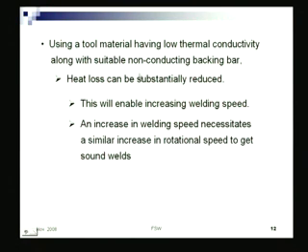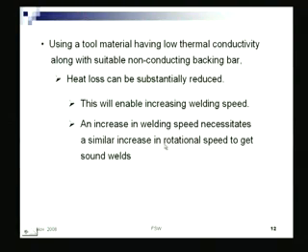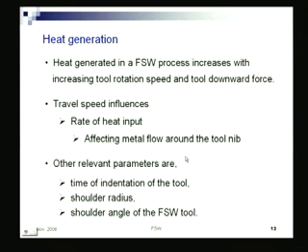So once you reduce the heat loss by providing suitable material for the tool as well as the backing bar, you can go for a higher heat generation, means you can increase the weld speed, and simultaneously the rotational speed also may need to be increased to get sound welds.